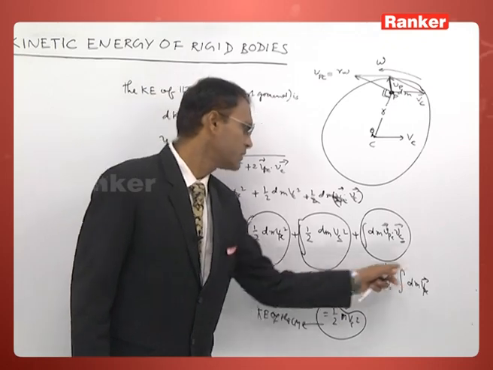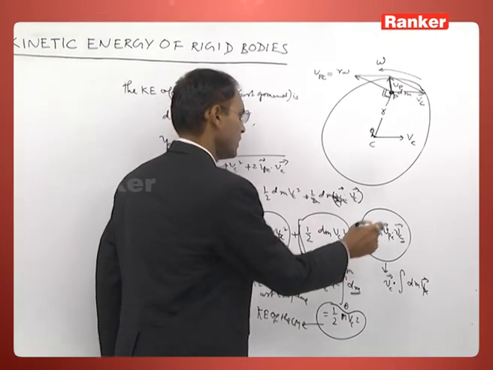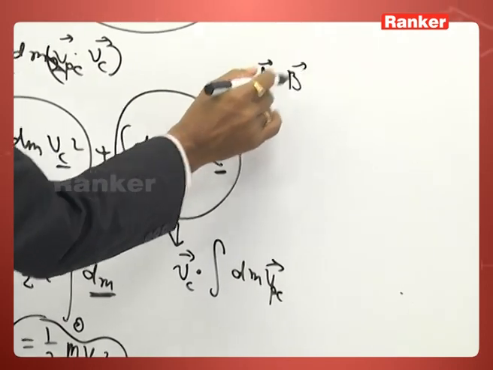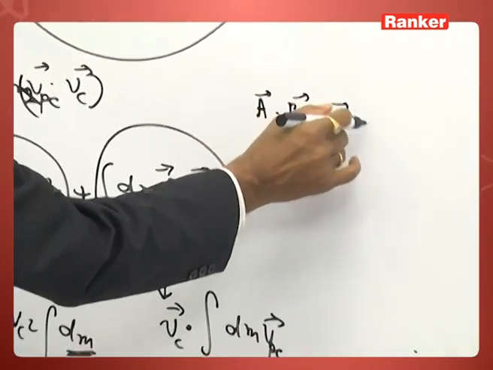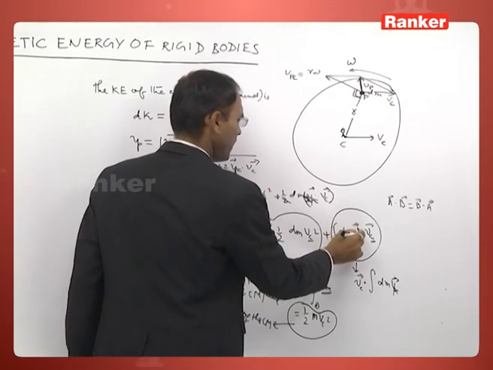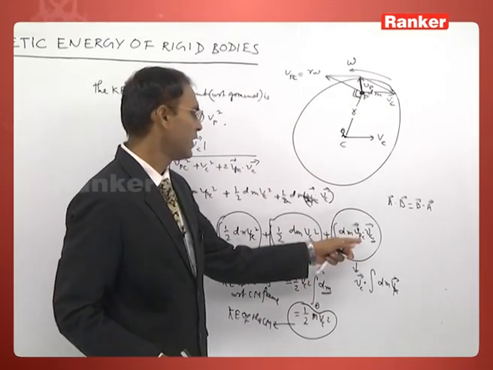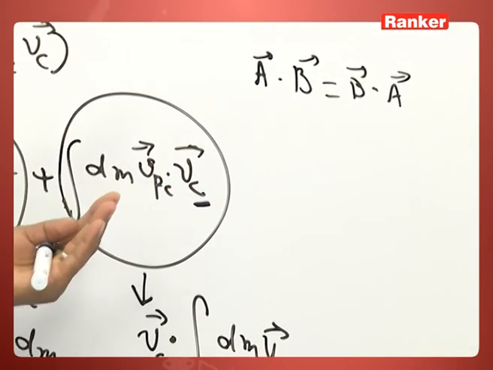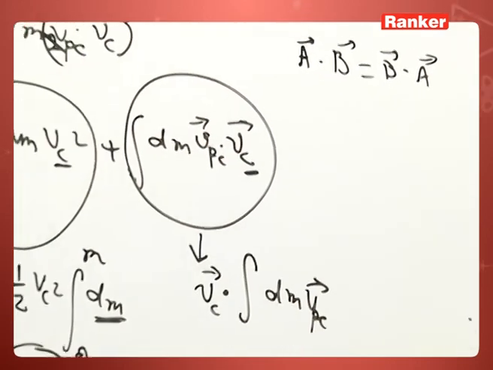A dot B can be written as B dot A, so Vpc dot Vc can be written as Vc dot Vpc. You can take Vc out of the integral.